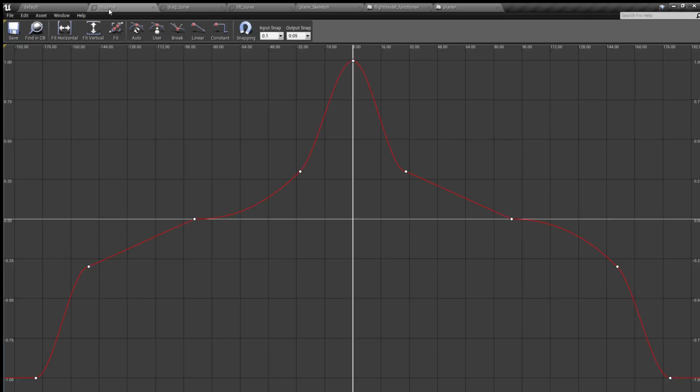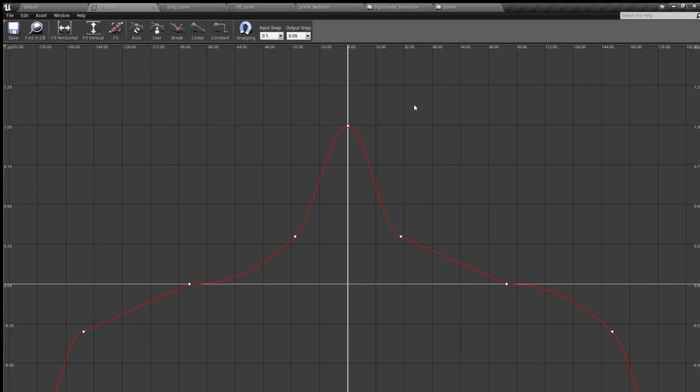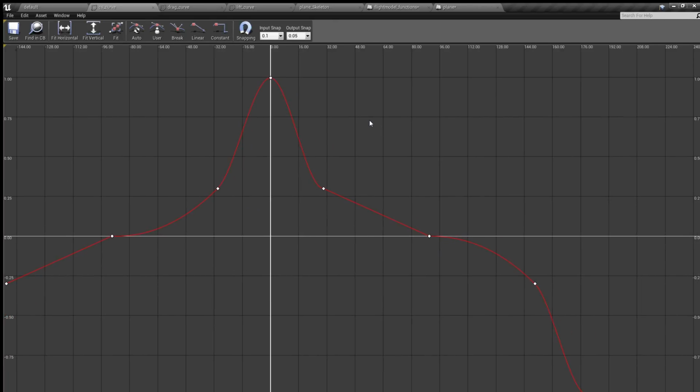And finally we have a curve that controls the effectiveness of control surfaces, in other words, ailerons, flaps, and so on. As you can see, in normal straight and level flight they are fully effective, and as you approach stall, the effectiveness will diminish, and once again at 90 degrees the control surface will be completely ineffective because of no airflow.